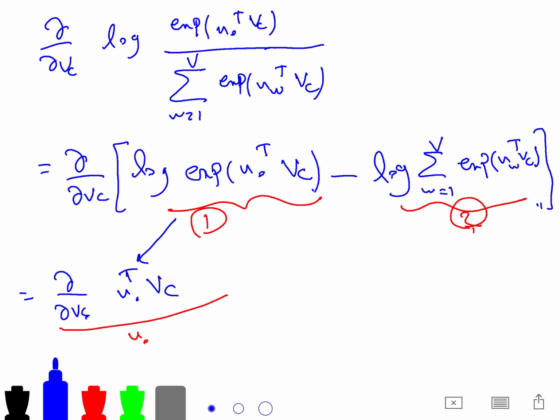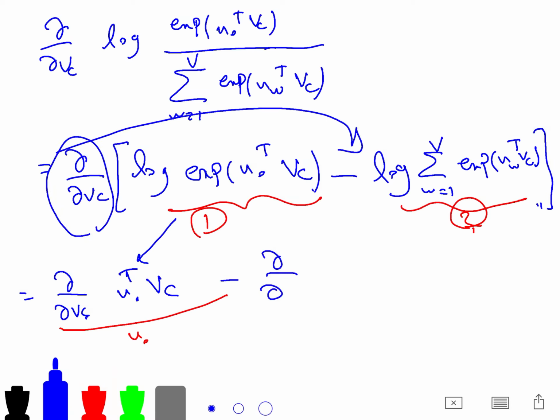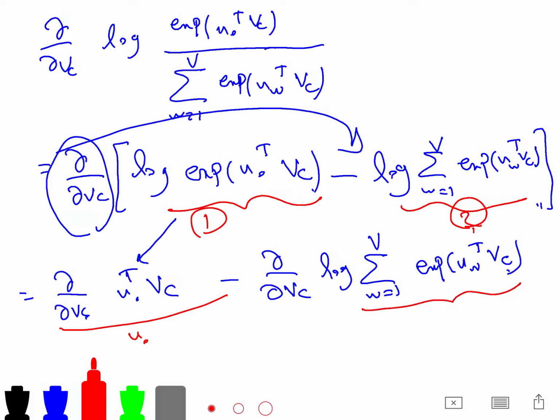And then the second term is just, this comes inside and becomes log of the sum over W from 1 to V of e to the UW transpose VC. And this is, if this is the Z from the chain rule, so recall the chain rule.